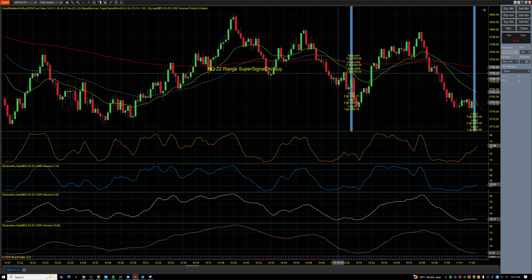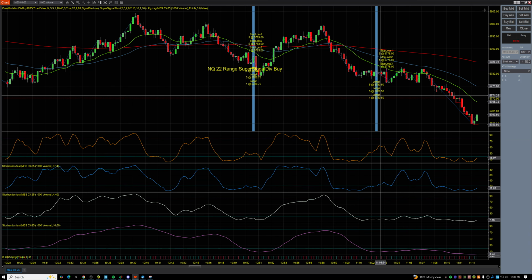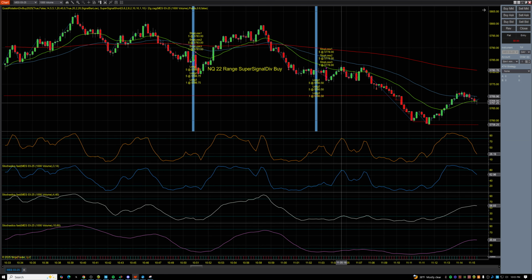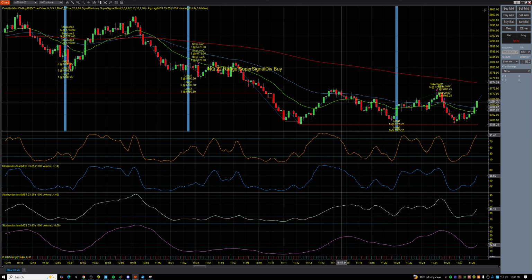Even if you're close and it kind of breaks down, I'm sure it's going to start to move back up. Here's another one. Kind of broke down, kind of moved back up. Actually, that eventually broke down. So there's two that could have been a little tougher. And then back on track.